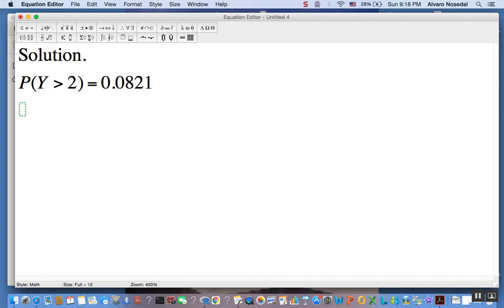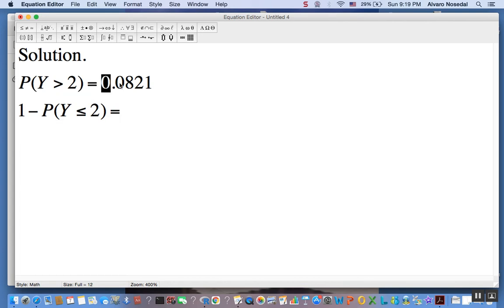Now, take a closer look at the left-hand side of that equation. As you can imagine, we would like to use our CDF, right? We have already spent some time getting it. Well, we want to use it. So we would like to rewrite that in terms of something we can use. That probability, the probability that y is greater than 2, is equivalent to 1 minus the probability that y is less than or equal to 2.